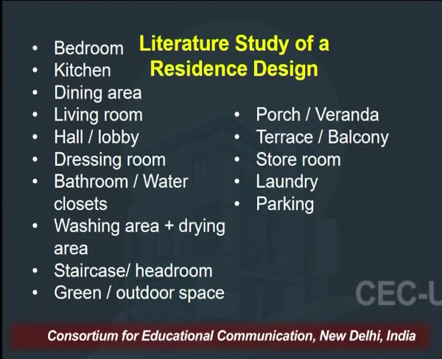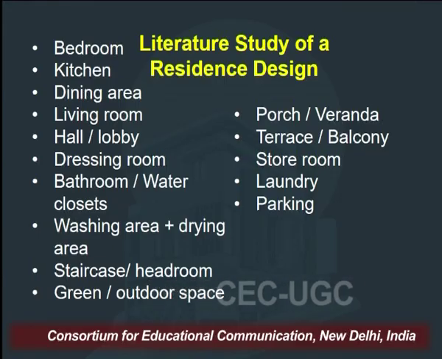It starts from the very basic: bedroom, kitchen, dining area, living area or hall or a lobby area, a dressing room, bathroom, water closets, washing area, drying area. Obviously, if you have multiple levels, you will be giving a staircase with a good headroom. There would be green and an outer space if the area permits, a porch, a veranda, a terrace, a balcony, a storeroom, laundry and parking.